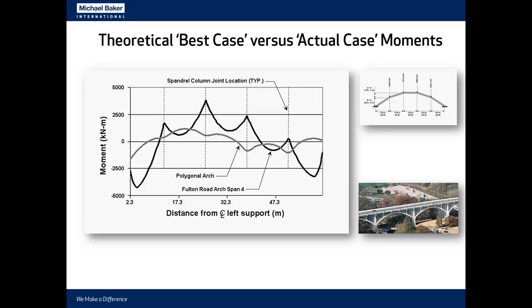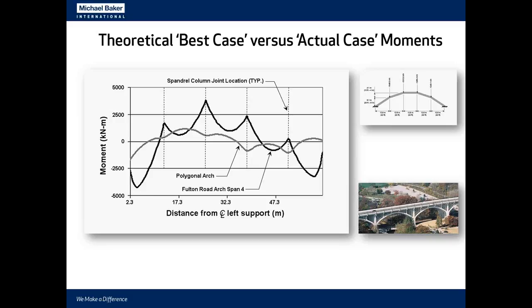So let's look at the actual versus ideal case in terms of moments. Here's the moment diagram. There's a gray line for this ideal polygon case, for the same span length and load as an arch line in the actual structure, and the dark black line is the moment diagram for the same loading on the arch line of the actual bridge.